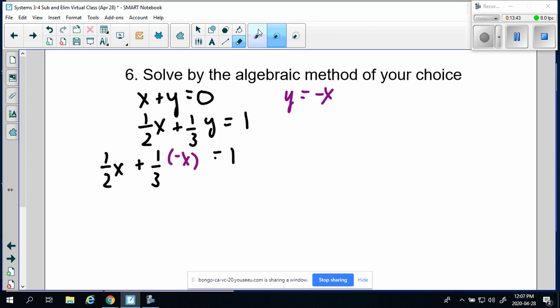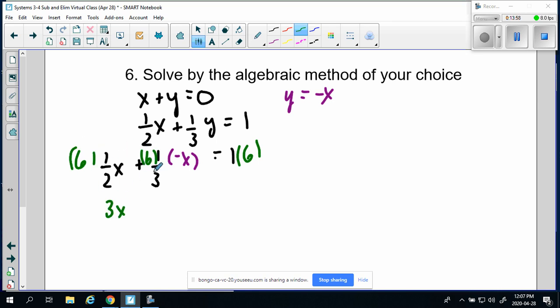Okay. Now that I have that, I do not like the fractions, so I will kill them all off using a multiplier of 6. You have to multiply 6 by everything. So 6 over 2 is 3x. 6 over 3 is 2, times negative x, negative 2x. And on the other side, I'm going to have 6. So x is equal to 6.